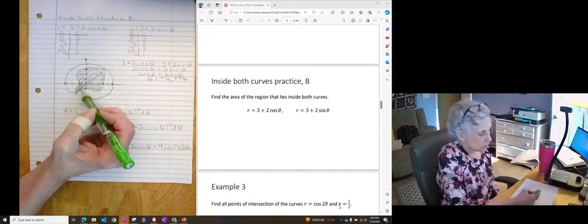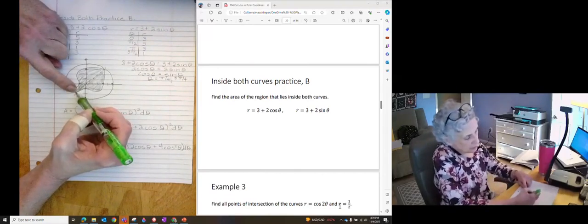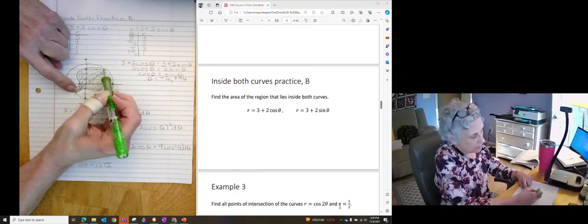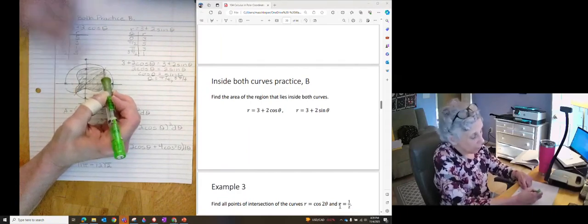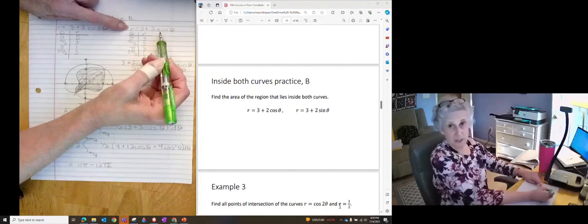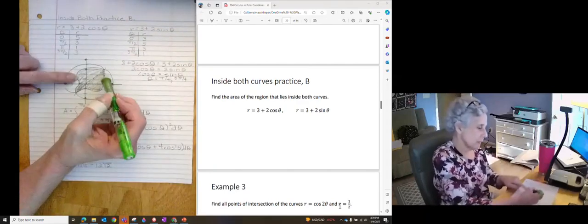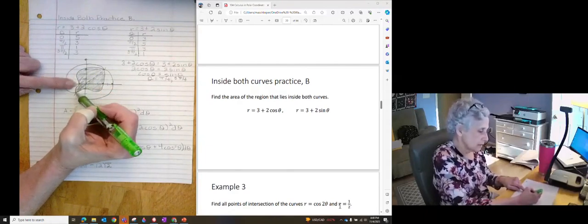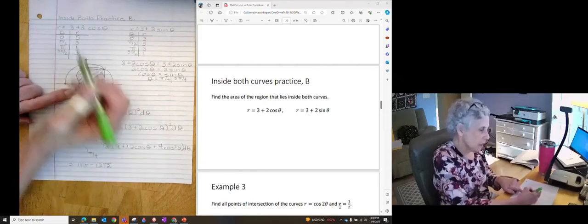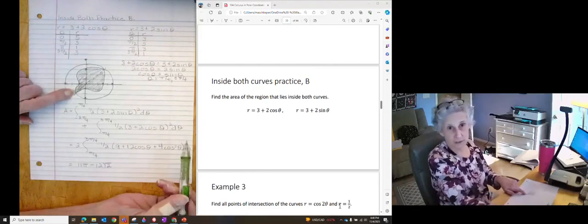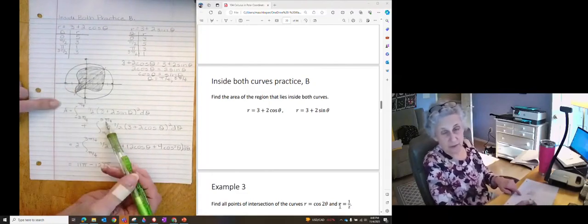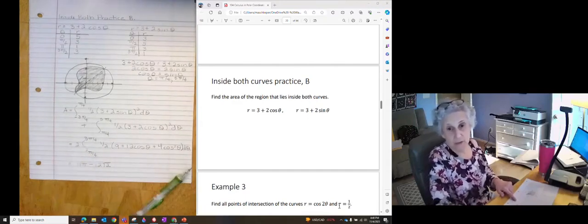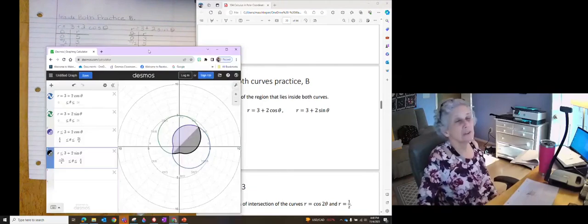So if I'm going to draw this piece, it starts at negative 3 pi over 4 and goes up to pi over 4 on the sine limacon, and then this one starts at pi over 4 and goes down to 5 pi over 4 on the cosine limacon. So you could have added those two things together. I just doubled the cosine limacon, and let's look at the pretty picture.